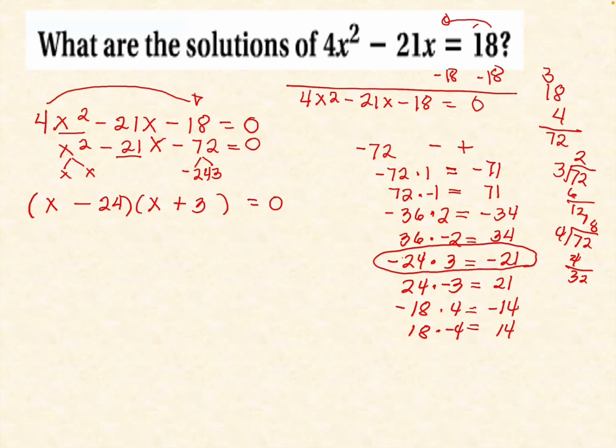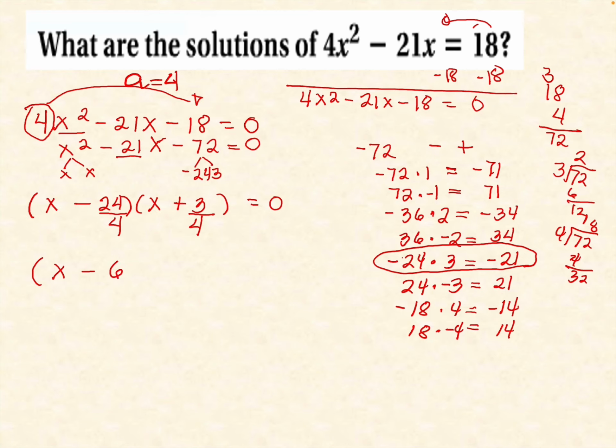Take a look. What is our a? Our a is equal to 4. So here, you're going to divide each factor by 4. You now have x minus, what is 24 divided by 4?